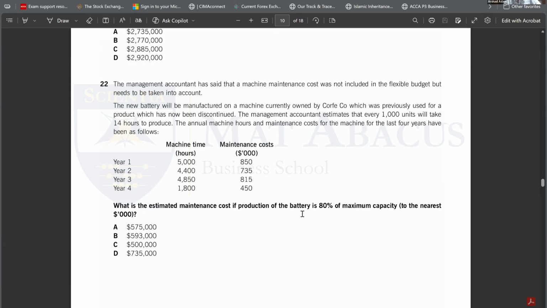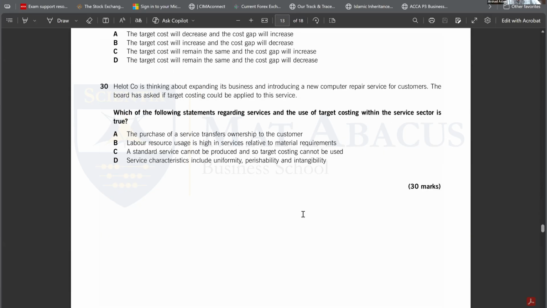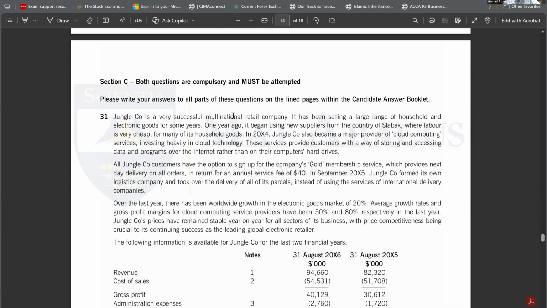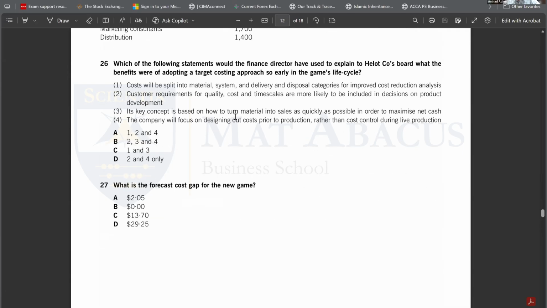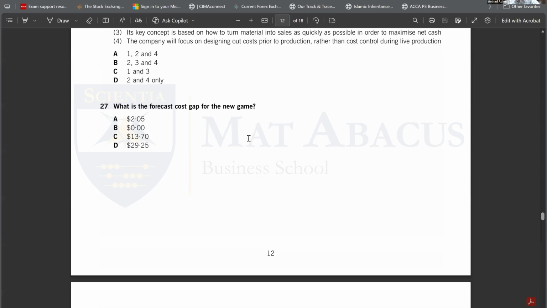Then you go to section C, which is the last section of the exam. And here, the scenarios are not short anymore. See the length of the scenario in section B. The longest it is half a page. You see?